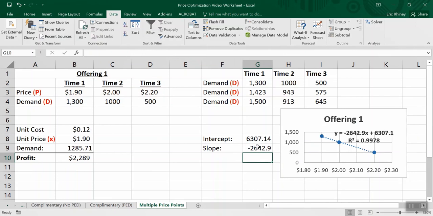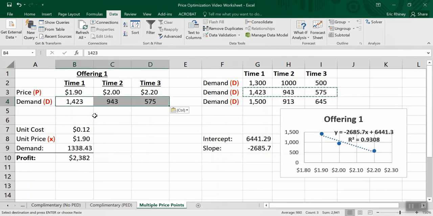Okay, so again, this line seems to do a really good job of explaining these points. So let's take a look at this second example, and in this case, I'm just going to copy these over, and we see that, okay, now we have different demands at these same time periods, and you can see that our R squared has gone down to 0.93.